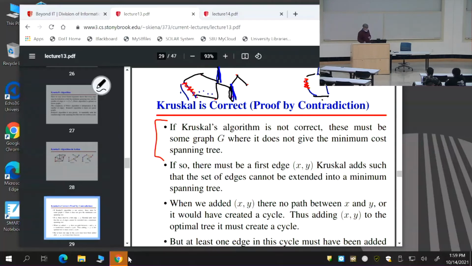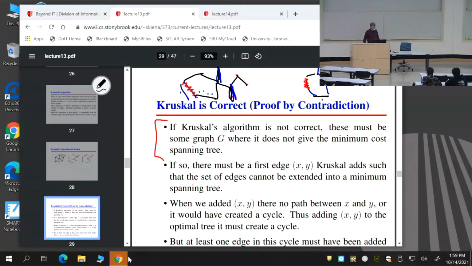So therefore I could delete any one of these black edges and add the red edge and get a spanning tree that was as small or smaller than what you tell me the minimum spanning tree is. And that's what the contradiction is.